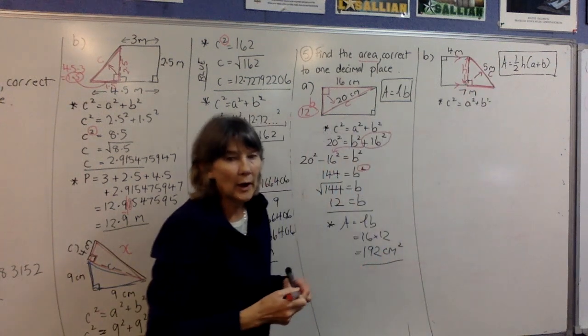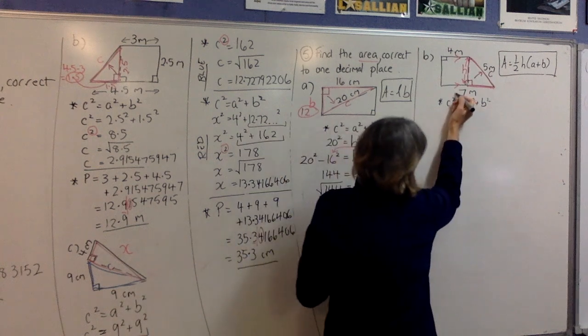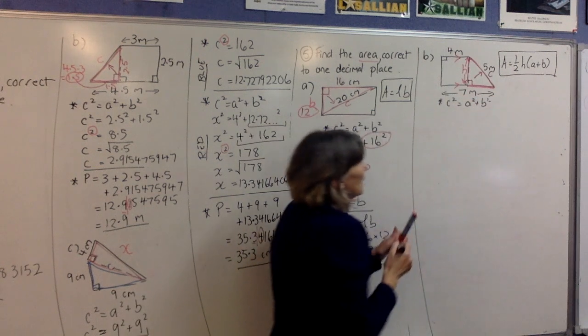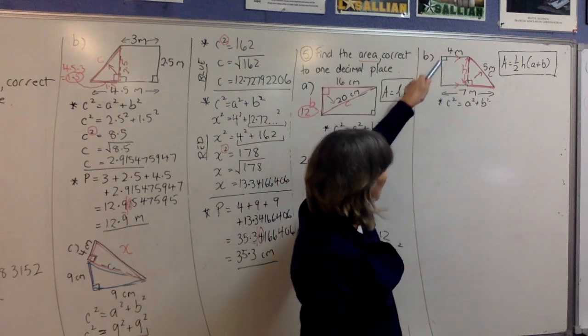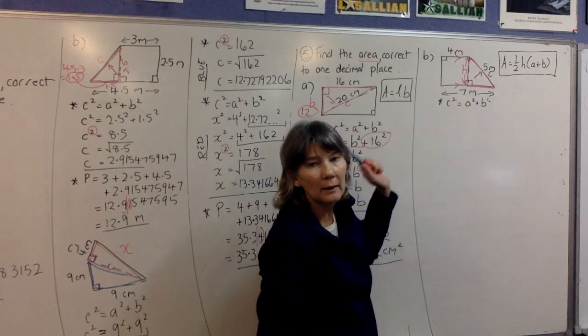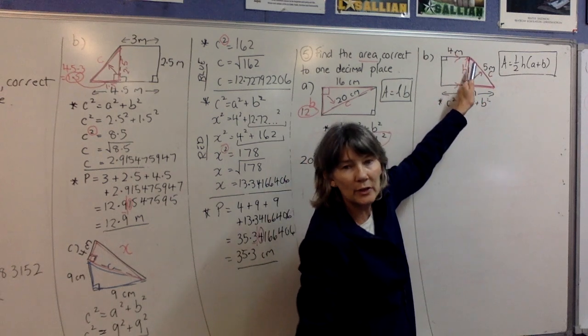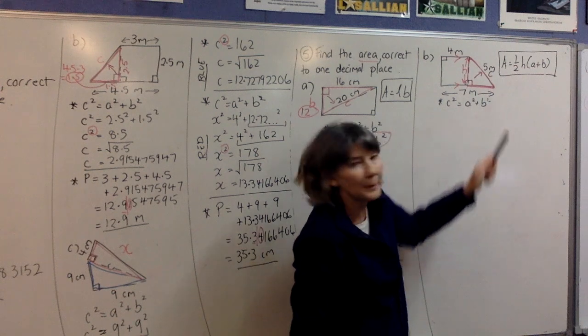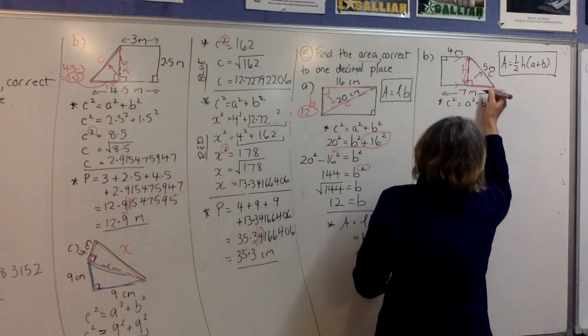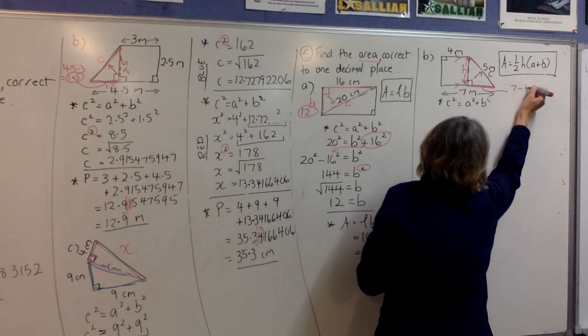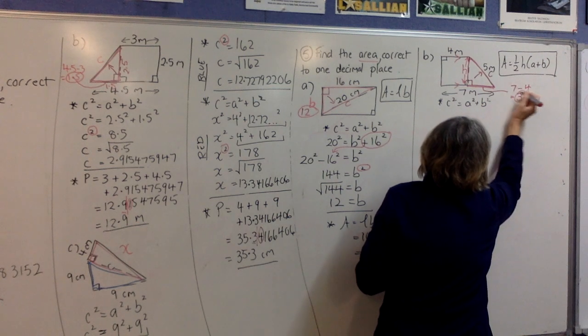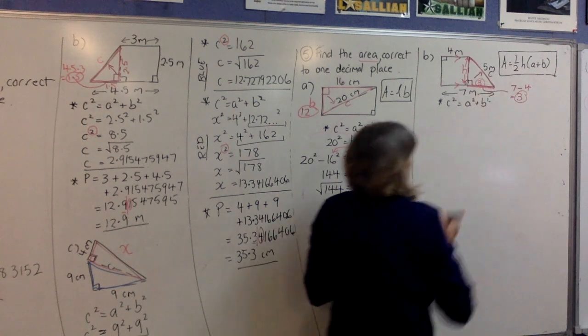I think you know how to find it now, because this whole thing is 7, and the other side up there is 4. So if this is 7 from here to here, and here up to there is 4, what's this extra little bit? To get it, you'll do 7, take away 4, and you'll get 3. So that's a 3 there.